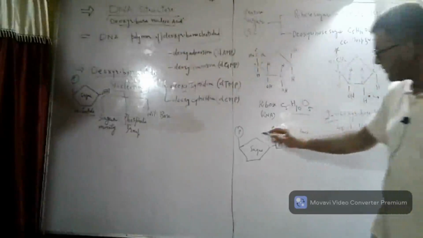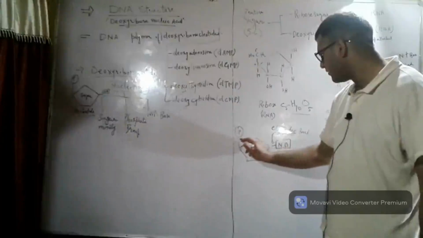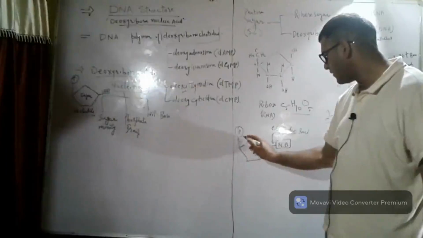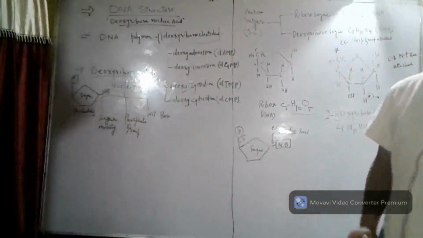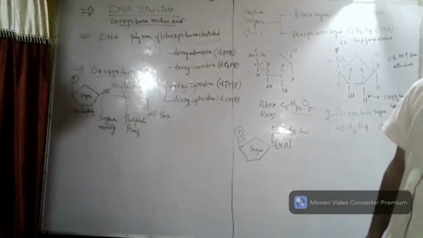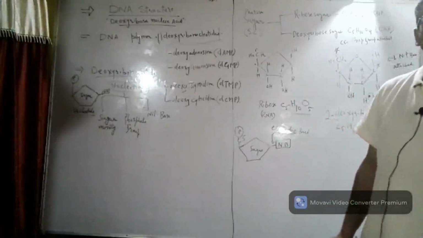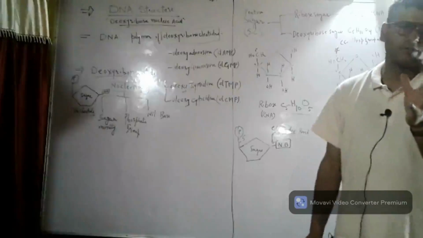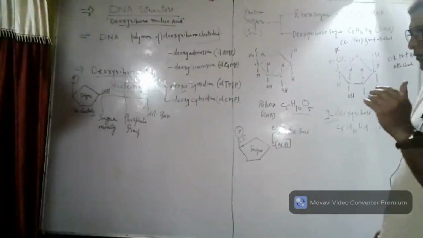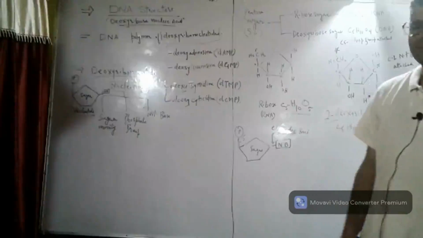So this is carbon 5th, and to this carbon 5th phosphate group is attached. So remember that in a DNA molecule we have got carbon 5, to this carbon 5 phosphate group is attached. In the DNA we have got 3' position, that means hydroxyl group is attached.